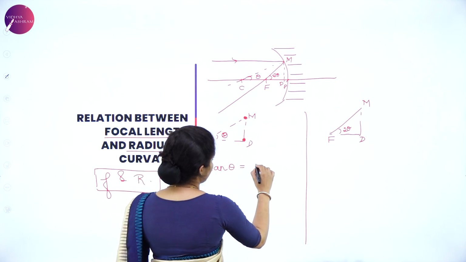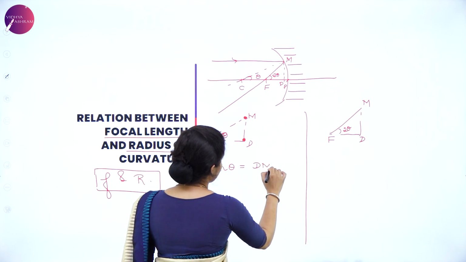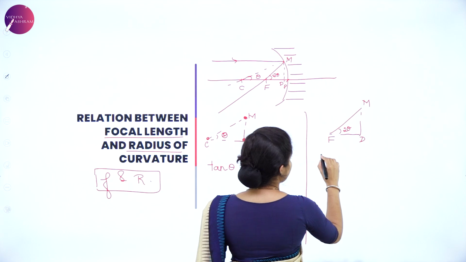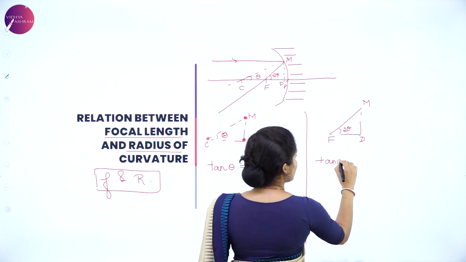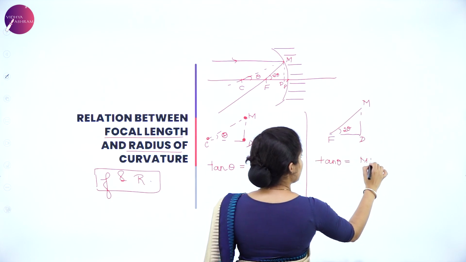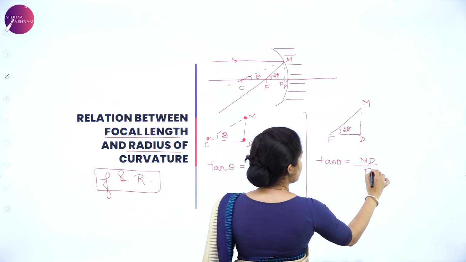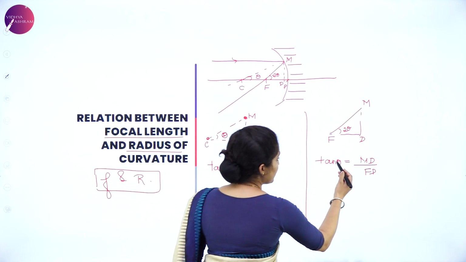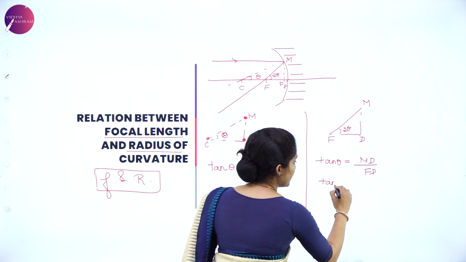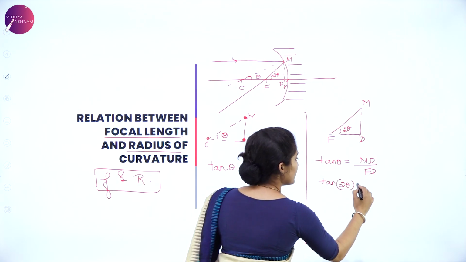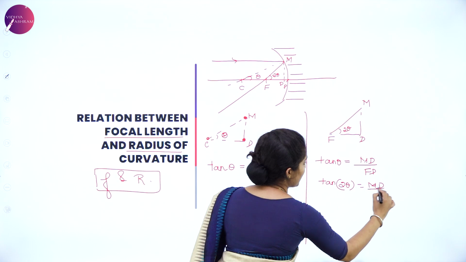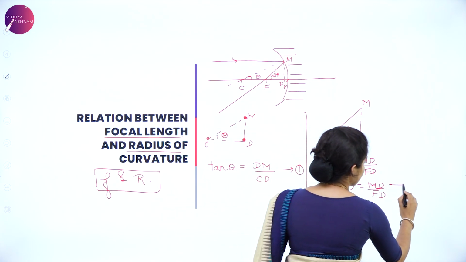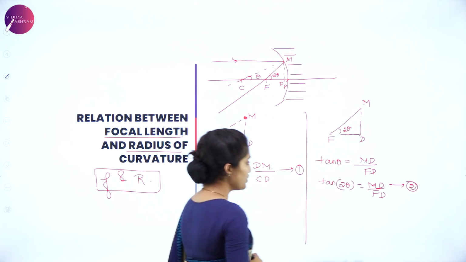Opposite is DM, adjacent is CD. Similarly, tan 2 theta is equal to opposite MD by adjacent FD. Let us consider this as equation 1 and this as equation 2.